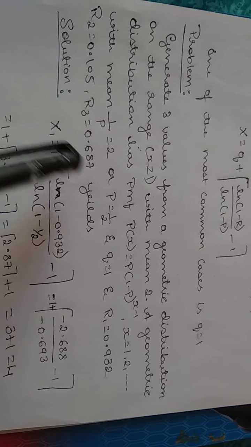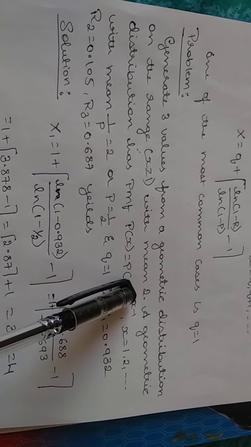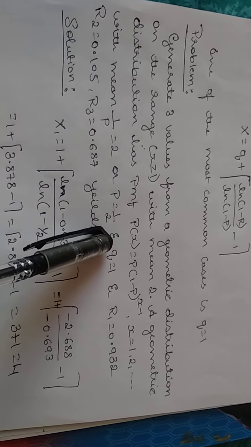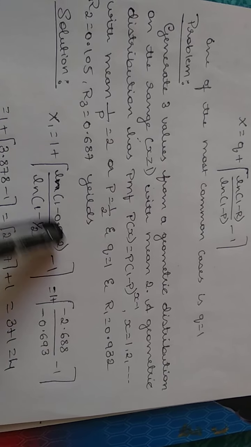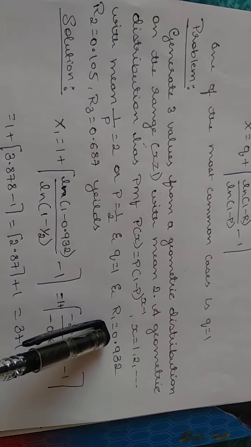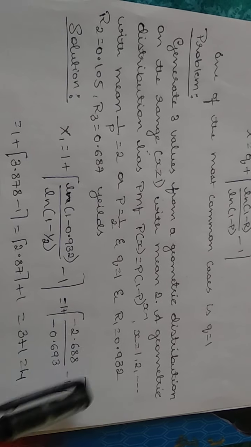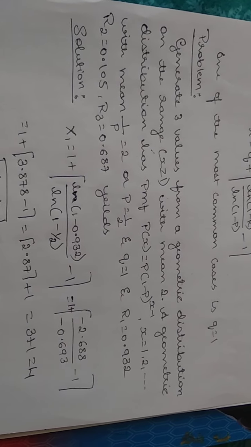With mean equal to 2, 1 divided by p is considered as the mean, so we solve for p, and p is equal to 1 by 2. Ln of (1 minus r1), that is r value 0.932, divided by ln of (1 minus p), that is 1 minus 1 by 2. If you solve this, minus 1, plus 1. Even here you have to use a ceiling function.